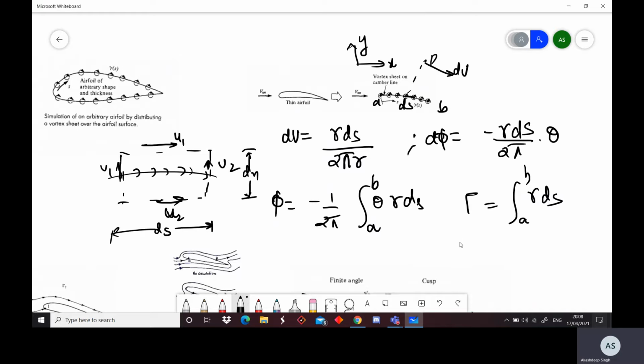So you can just calculate this gamma ds for this particular small ds element, this magnified ds element. So you'll get this as u1 minus u2 into ds plus v1 minus v2 into dn.